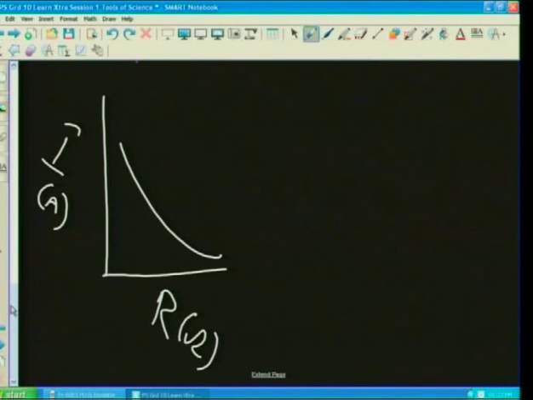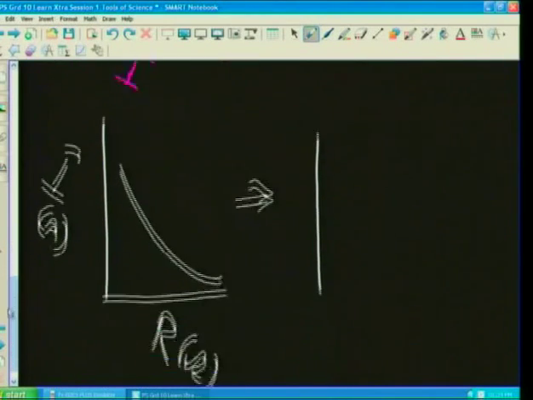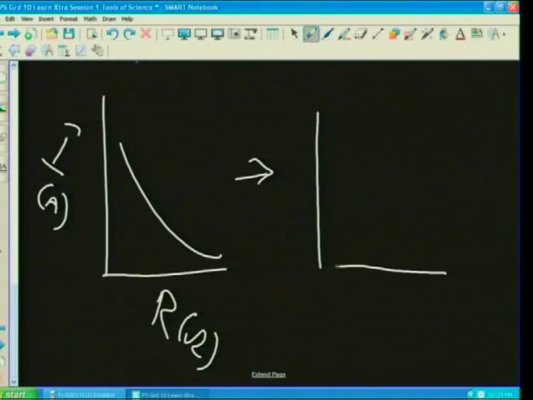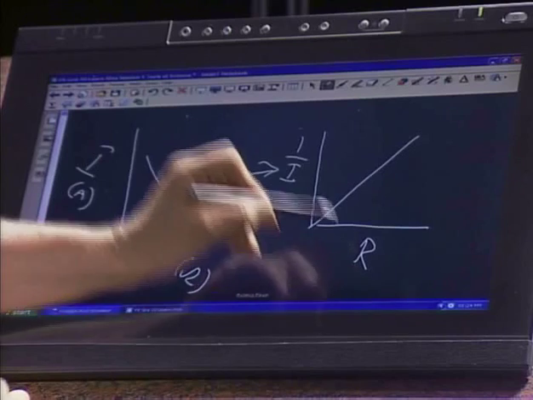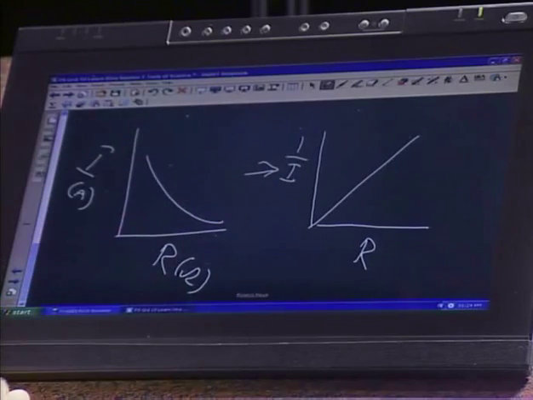So what scientists do, what physicists do, is they say, well, let's do a 1 over relationship. Let's, like I've done over here, let's do 1 over I. So what we'll find is we do R and 1 over I, and now you'll get a straight line. So what we're saying is R is directly proportional to 1 over I.